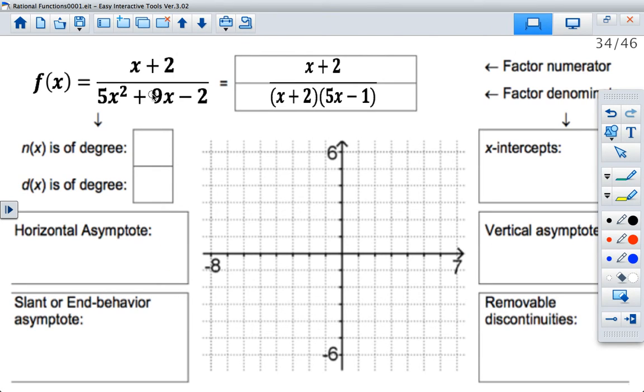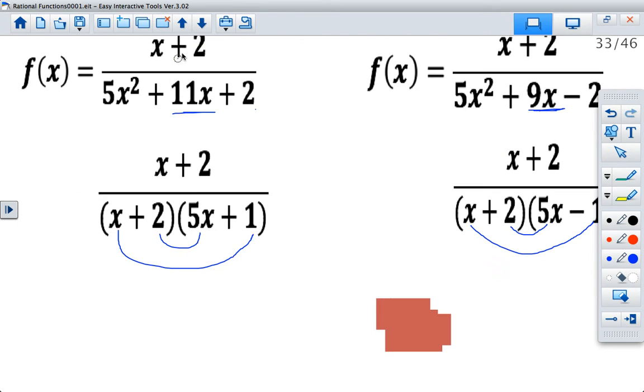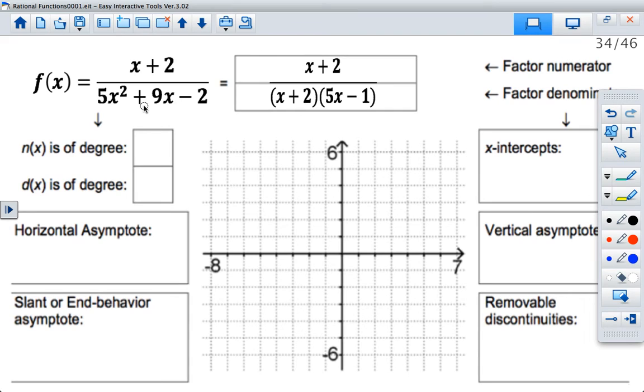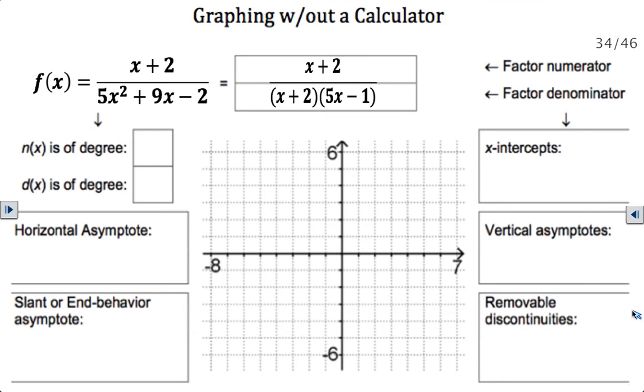Now in class, we did one of the equations from here, and I just let my students pick. In this video, we're going to do this equation, and we already know that this equation has these factors. Once we know that, we can go ahead and find our x-intercepts. We just set our numerator equal to 0 and solve for x.